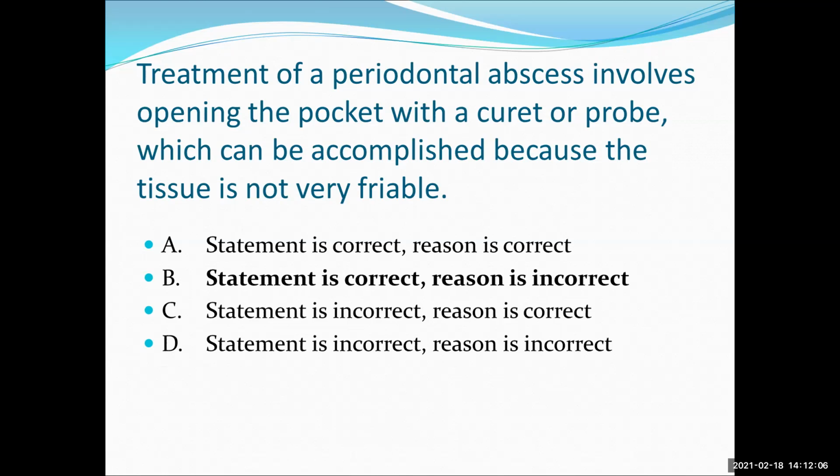You want to, that's opening, incision, and drainage, but the tissue is very friable. It's very loose and wobbly and jiggly, kind of like my upper arms. All right, guys, that was a review of periodontal abscesses, the end of chapter 11.